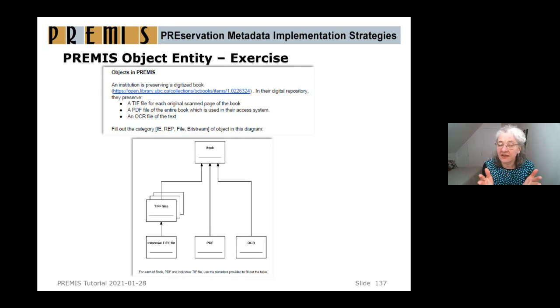So again, you may not need to have PREMIS metadata for each of these, the PDF and OCR, for instance, because that's just derived, that is in another system.